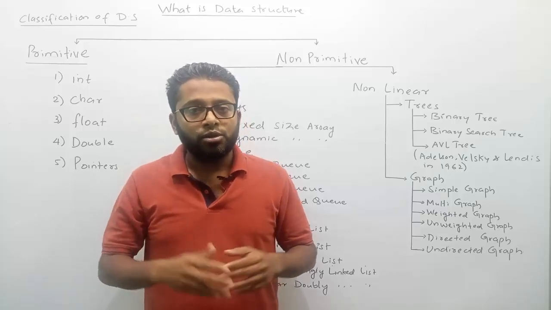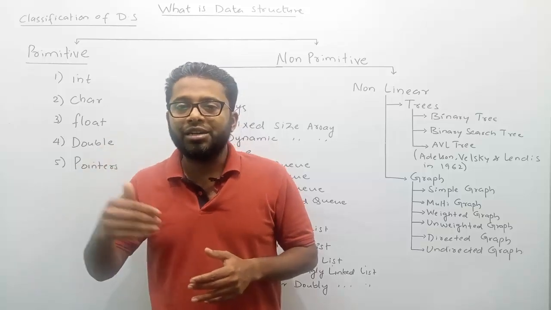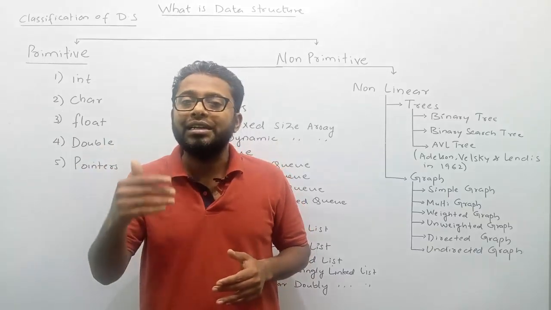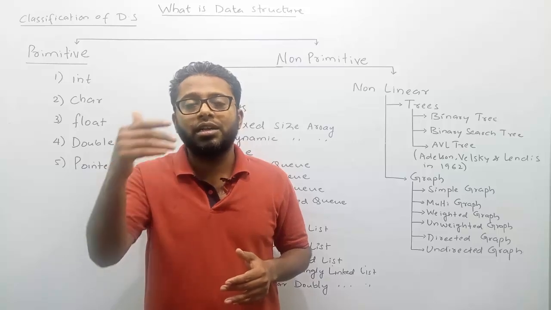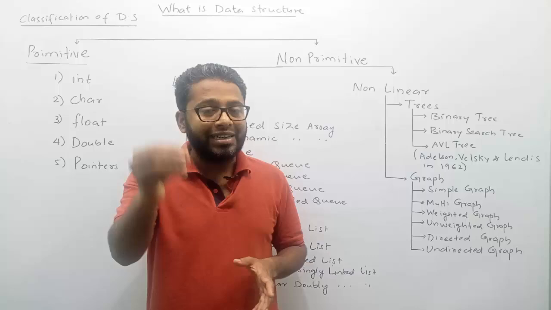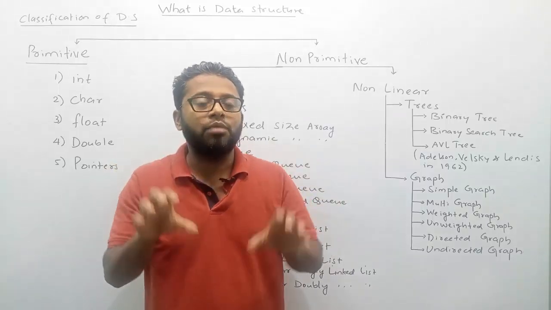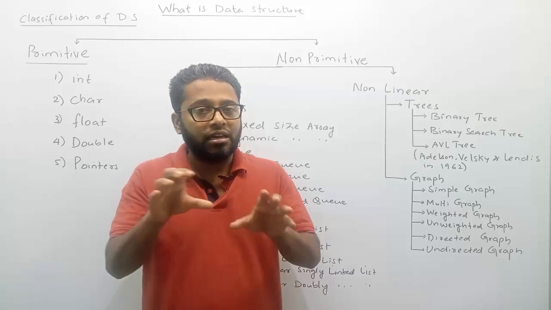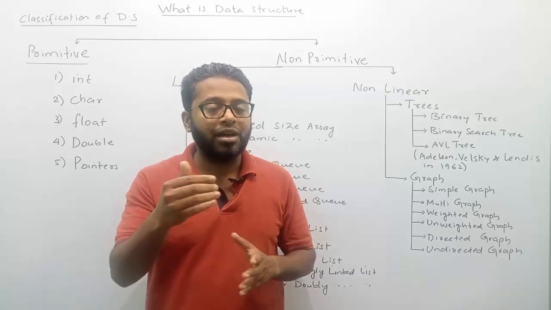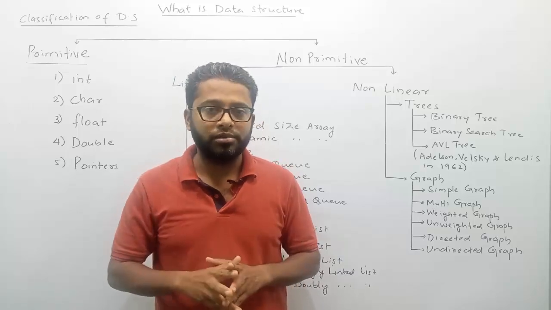We encounter problems in performing each of these operations because we didn't store the data in a proper manner inside the memory. We didn't structure that data inside the computer's memory in an efficient manner. That's why when it comes to accessing the data, we find a lot of problems.